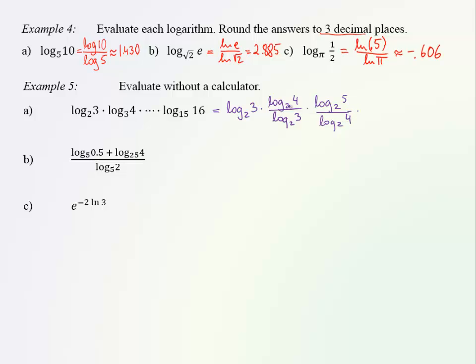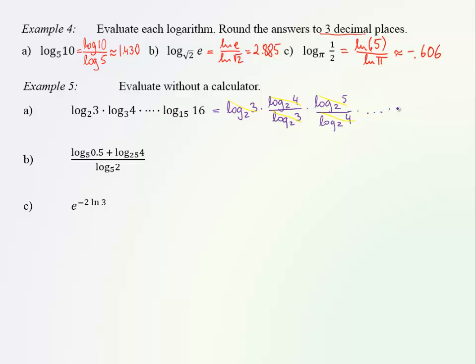Oh, I see some pattern. You see those logs from 3, from 4, from 5, and so on, they will cancel each other. So this cancels that, this cancels that, this will cancel the following one that is not written. And just observe the last two.